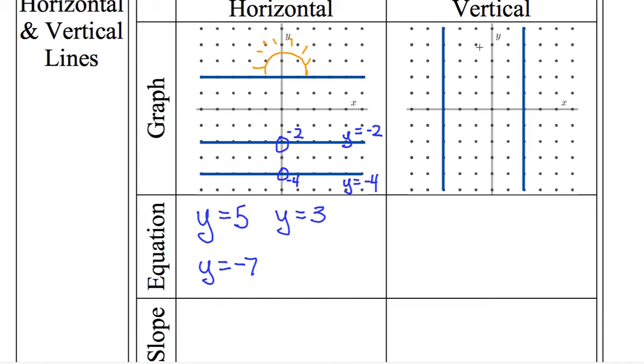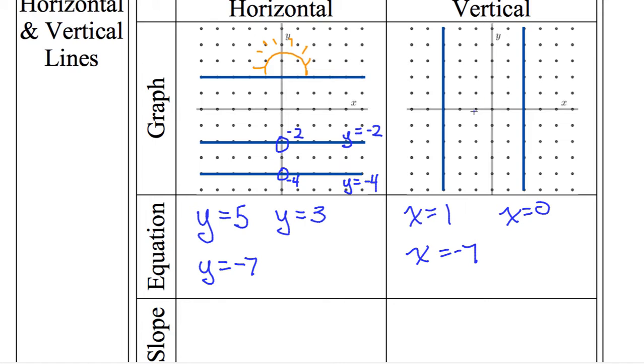Well, but vertical means instead of using a y, I'm going to choose the other letter, which is x. So this is going to be x equals any number you want as long as it's passing through that number. x equals 1, x equals 0, x equals -7. As long as it's x equals, it's going to be a vertical line. Well, let's count these.